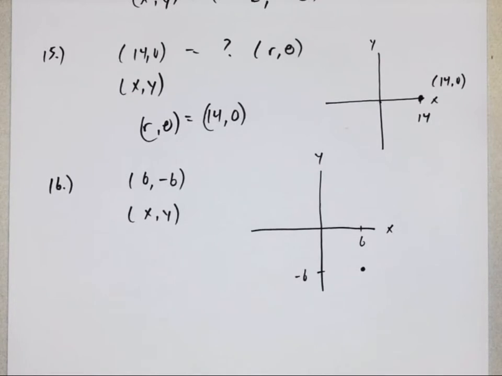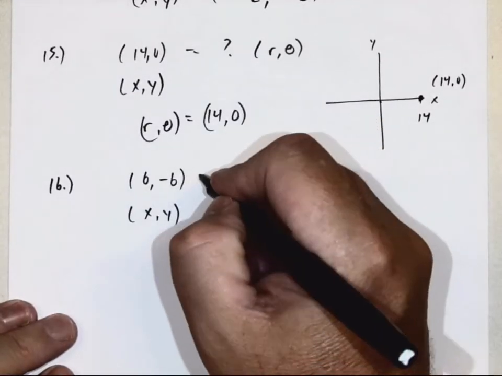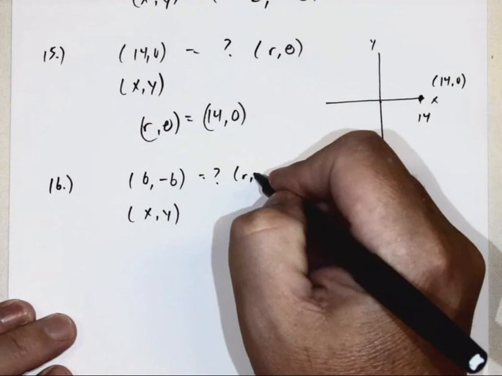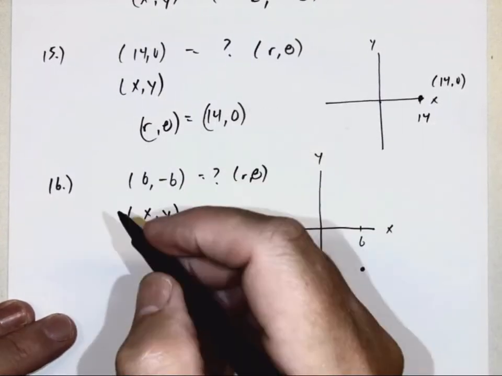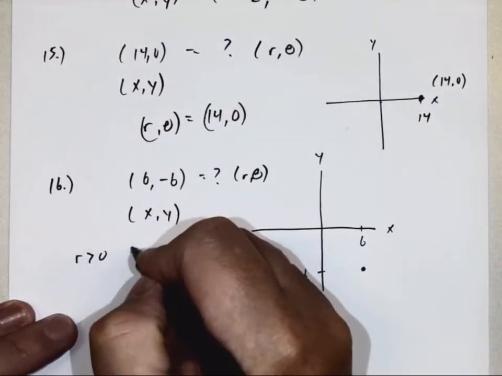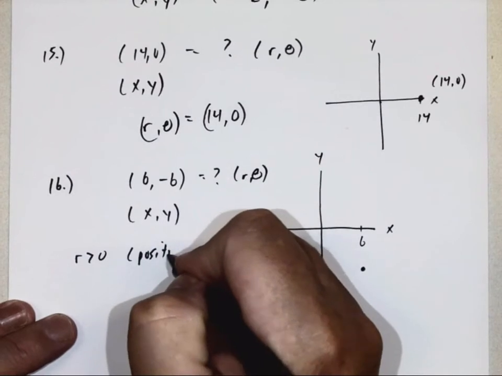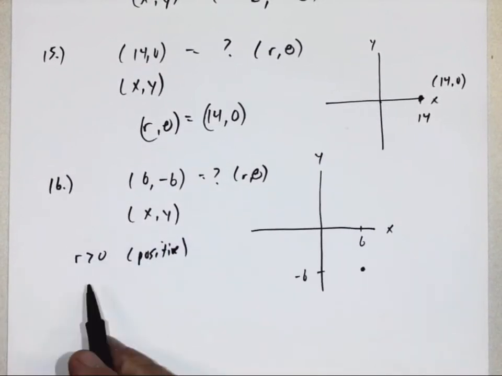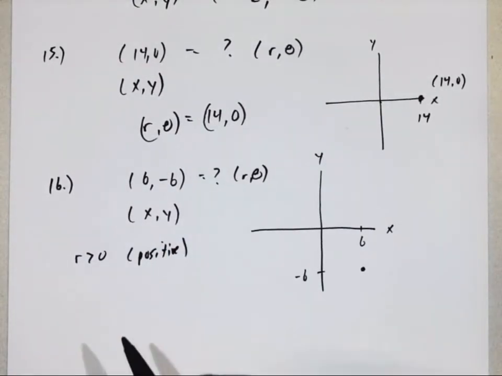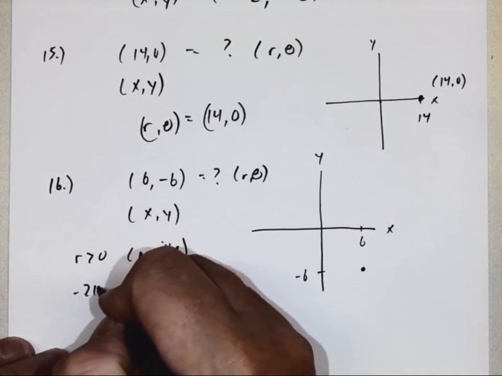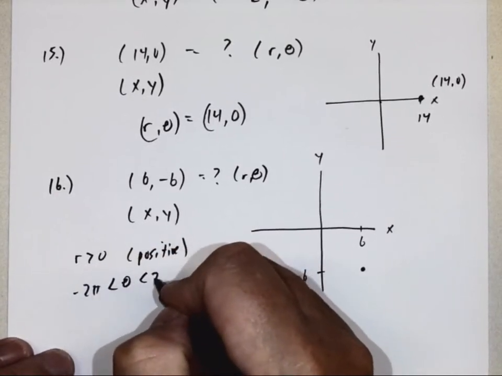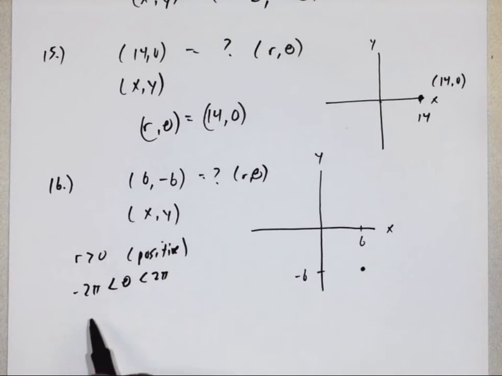Now they want this in polar coordinates, but they say that the polar coordinate you give should have r positive and the angle between -2 pi and 2 pi.